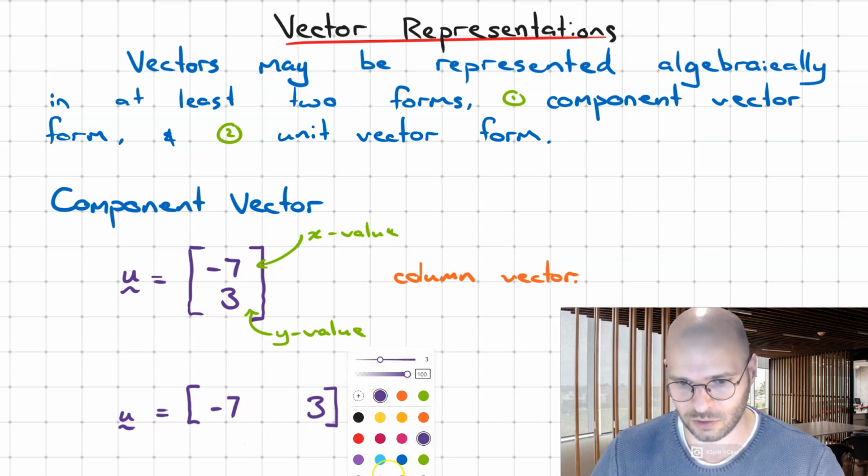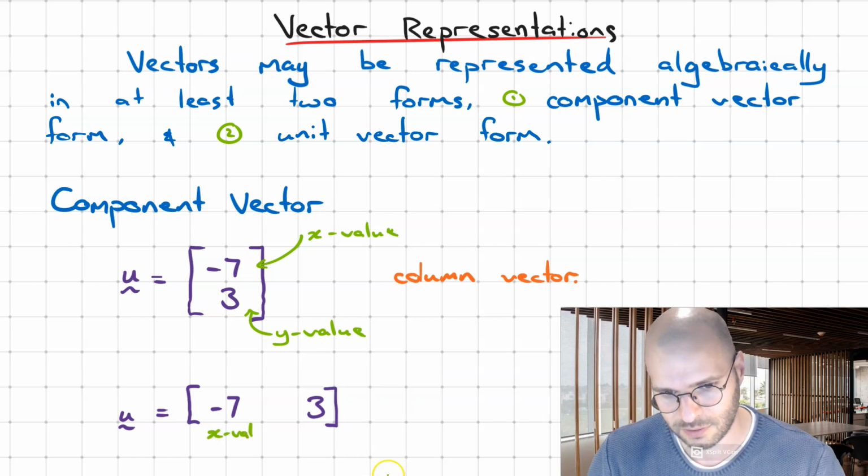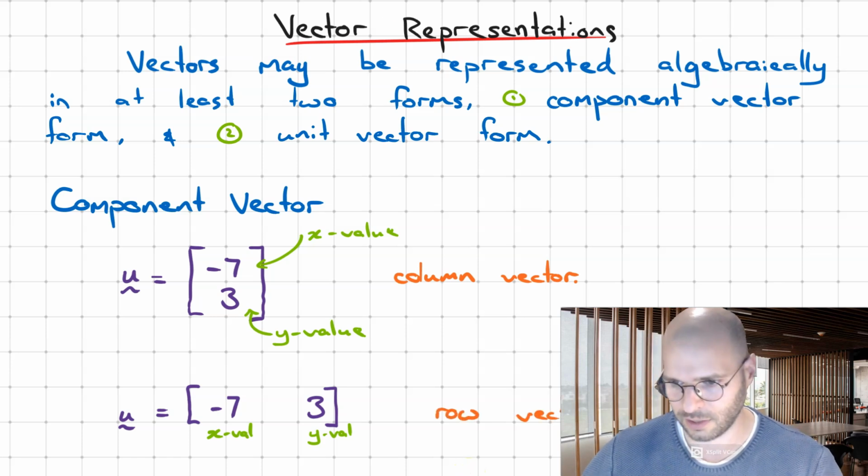So this still represents the x value, this still represents the y value, but this is in the row vector form. Now in South Australia, for our high schooling system, we typically don't put our component vectors in row vector form. We try to keep them in column vector form. There's no particular reason why, it's just what we do. So it's really rare that you'll see it in this form, but in the case that you do, you are allowed to simply switch it into that form over there.